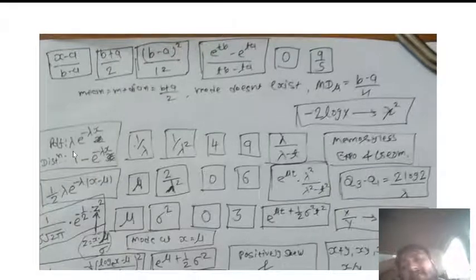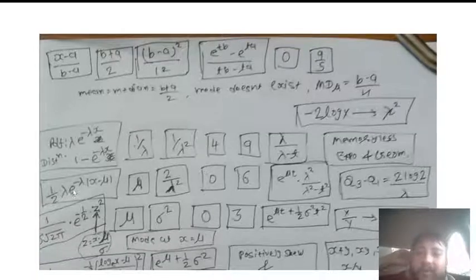Then we move forward. After the exponential distribution, we are seeing the double exponential distribution. The distribution function of the double exponential distribution is 1 half into lambda into e raised to minus lambda into mod x minus mu.